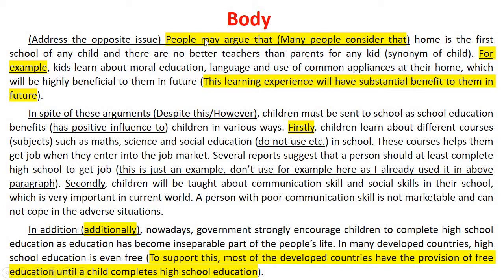This paragraph has 2 sentences. People may argue that home is the first school of any child, and there are no better teachers than parents for any kid. For example, this is the second sentence: kids learn about moral education, language and use of common appliances at their home, which will be highly beneficial to them in future.